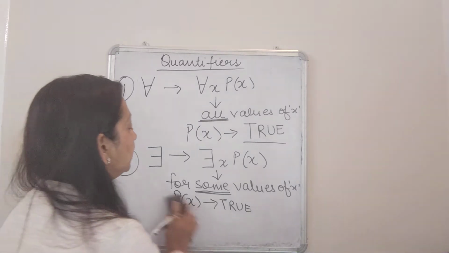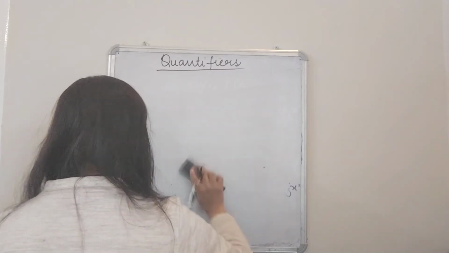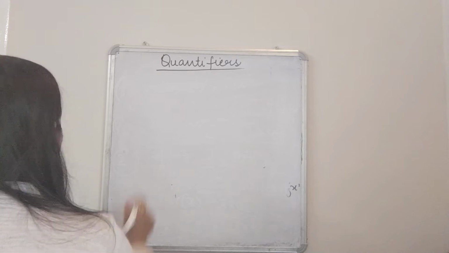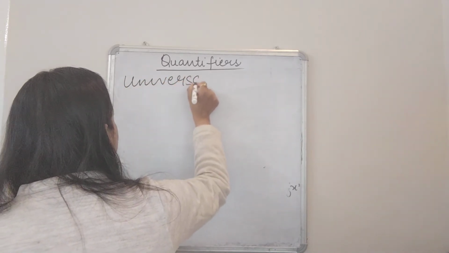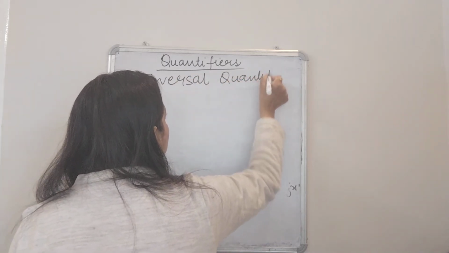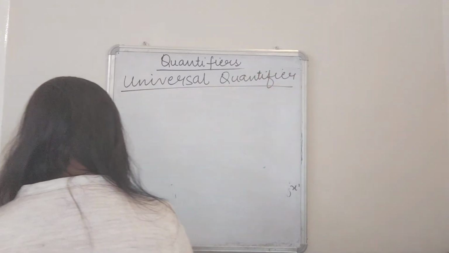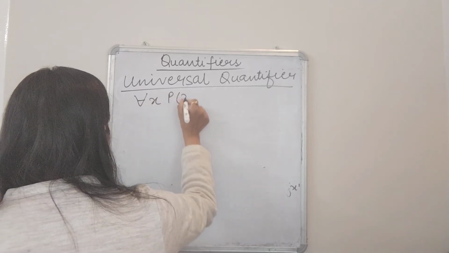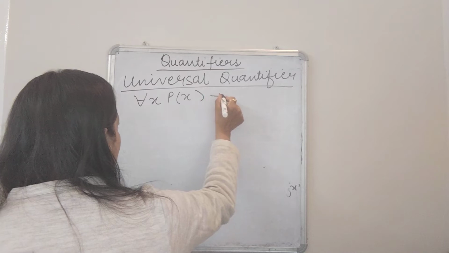Now let us see this with an example. First of all, we'll start with the universal quantifier. Now if I say for all x, p of x, in that case, what does p of x represent?